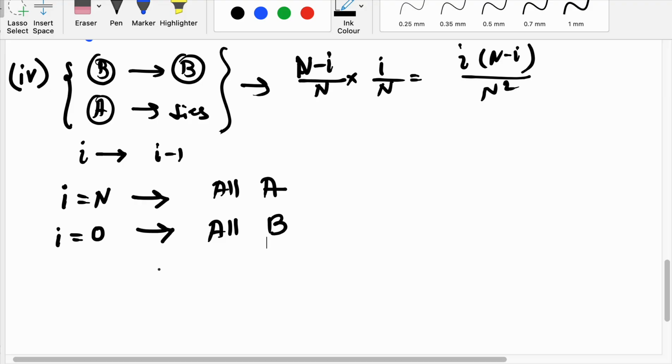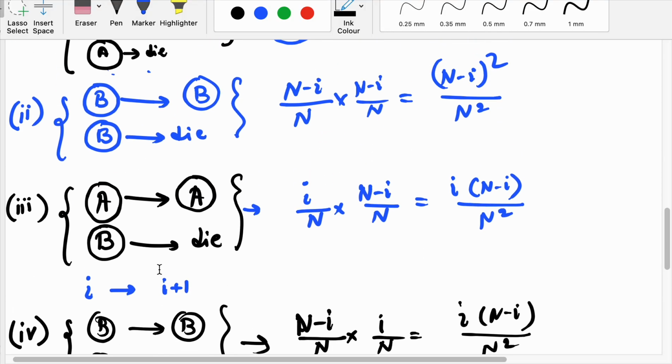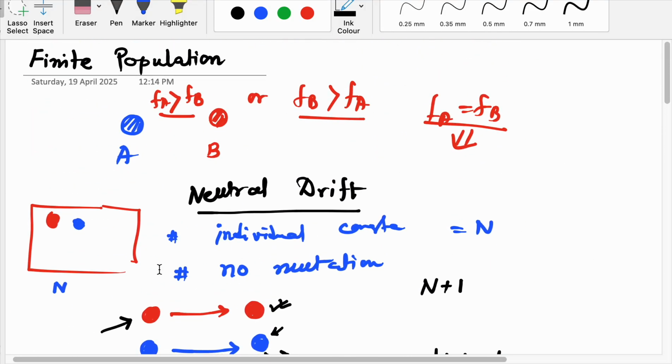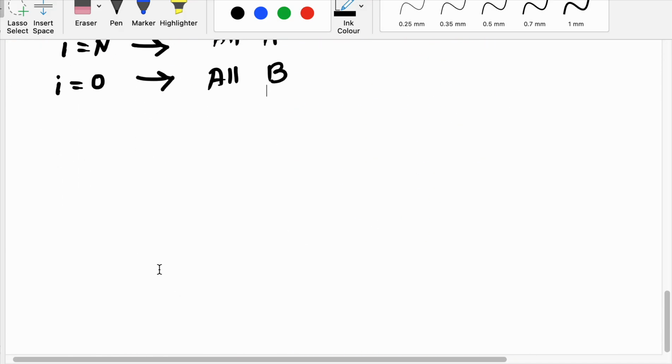And you see this is the case, but my infinite population dynamics are not hinting toward this. They are saying the initial frequency of A and B will remain the same, it will not change. But because of the neutral drift, because of the stochastic effect of the birth death, it could happen that all individuals become A type or all individuals become B type.